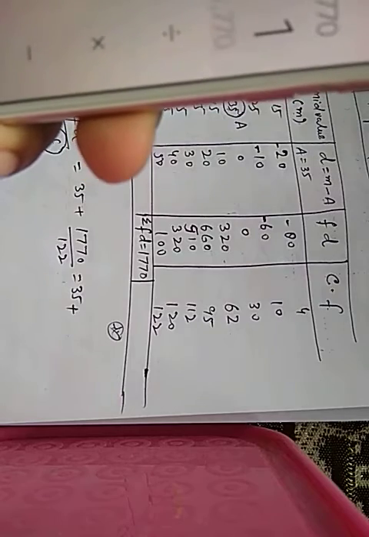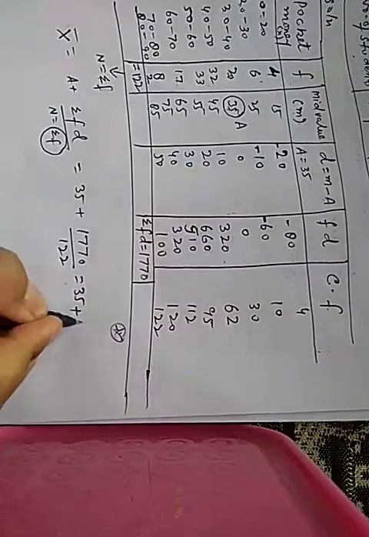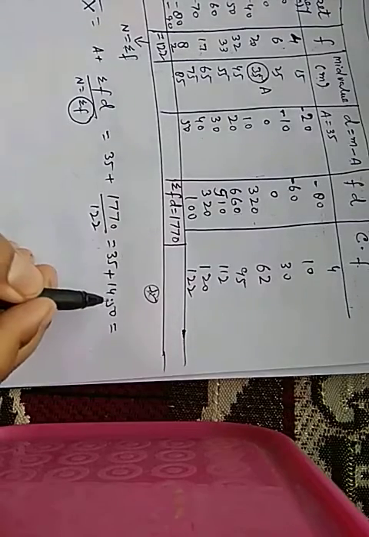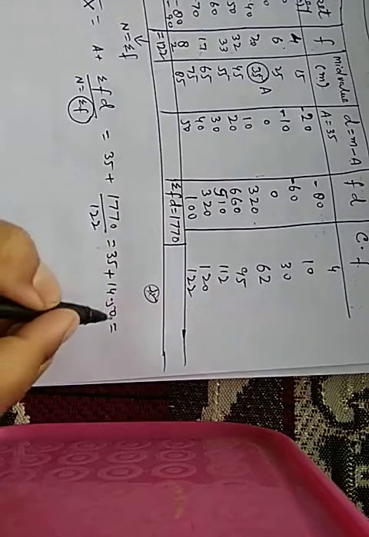1770 divided by 122 will be equal to 14.50, and 35 plus 14.50 will be equal to 49.5.